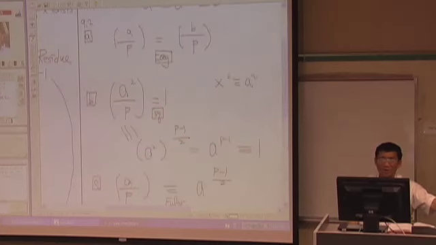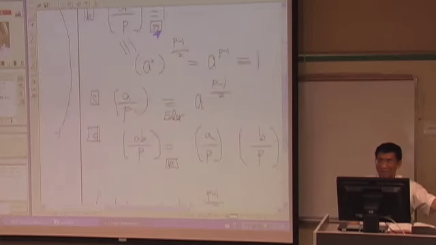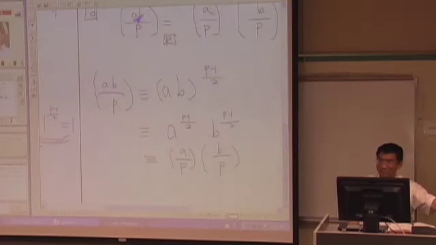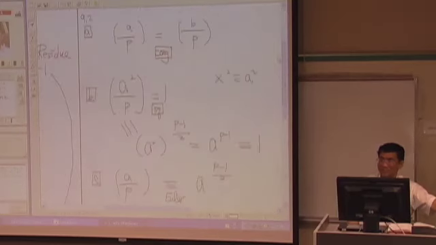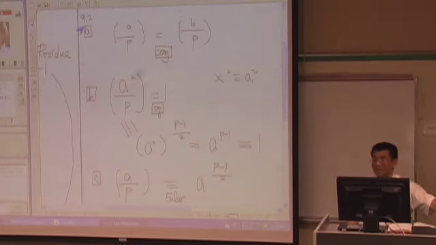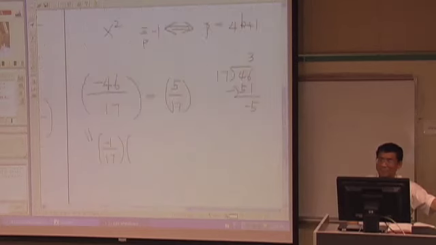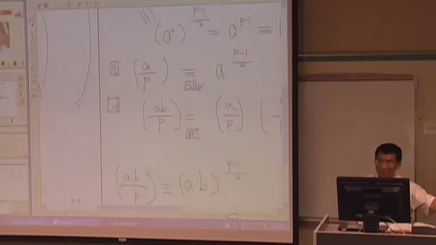I will call this congruence property, this square property, this Euler property, and this product property. Any questions? It's just easier to describe. Instead of A, B, C, I will say by congruence property, square property, Euler property, and so on. So by product property, did I say product? Yeah, product property.